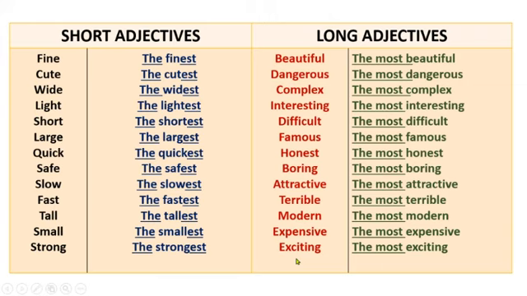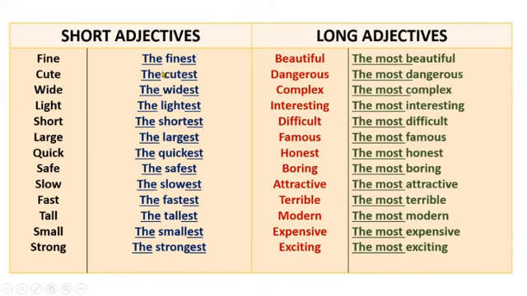So now, superlative words are like comparative words. They are divided into short adjectives and long adjectives. If you have a short adjective like fine, cute, white, light, short, large, quick, safe, slow, fast, tall, small, or strong, you have to add at the end of the adjective the ending est and the article the.